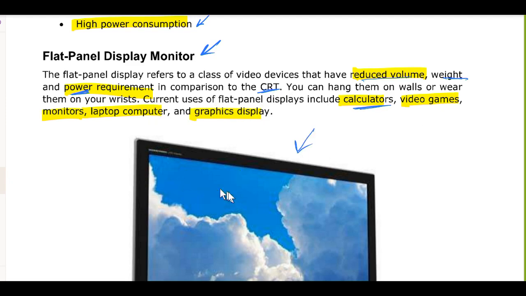You might have this portion on a calculator, or a bigger portion on a monitor. So this is called a flat panel display. It might be fitted in different devices like calculators, video games, monitors, among others.